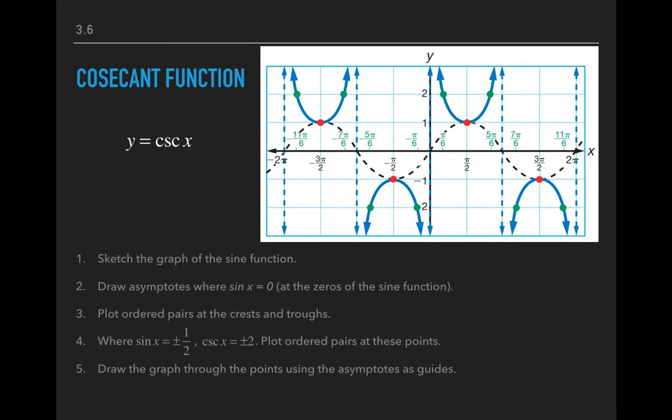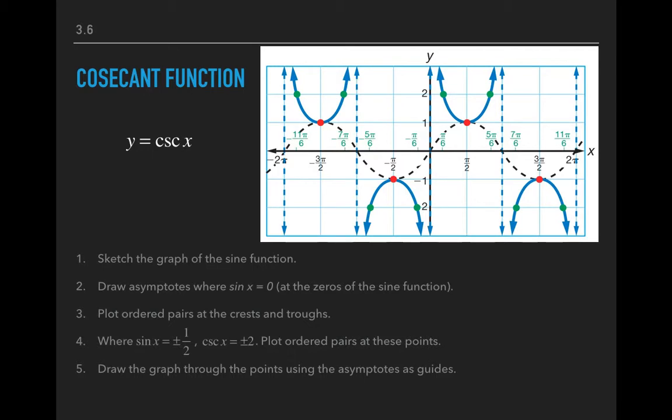And if you take a look at your golden table, you'll know exactly where sine is 1/2. If you'll take out your golden table right now, sine is 1/2 at pi over 6. And so at pi over 6, cosecant is 2.